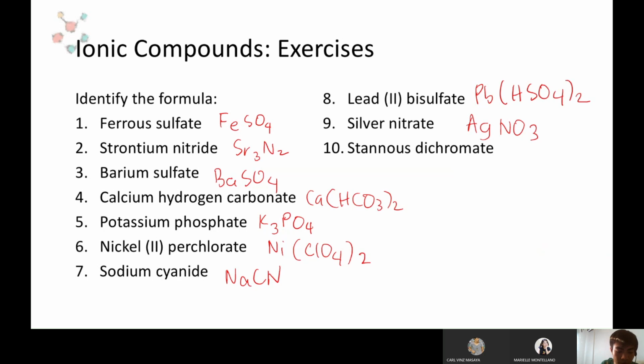You can look up naman, just in case na hindi kayo sure. Pag stannous, Sn2+. Pag stannic, Sn4+. Sila yung mga hindi ganun ka-common. Pwede nyo naman i-search yan. Stannous, Sn2+. Dichromate. Andun yung sa table. Cr2O7 negative 2.